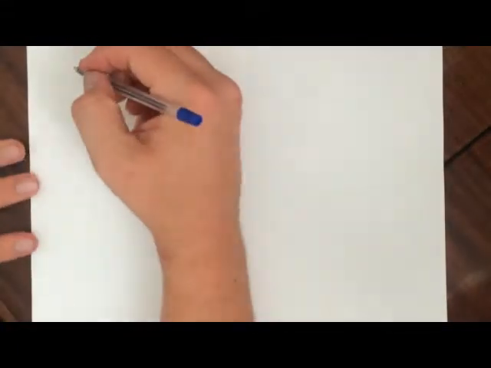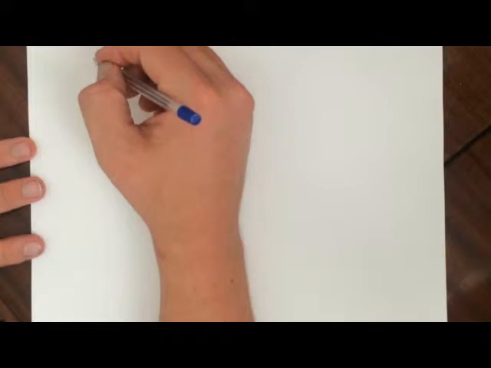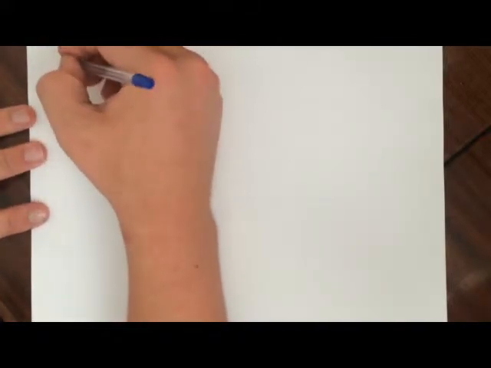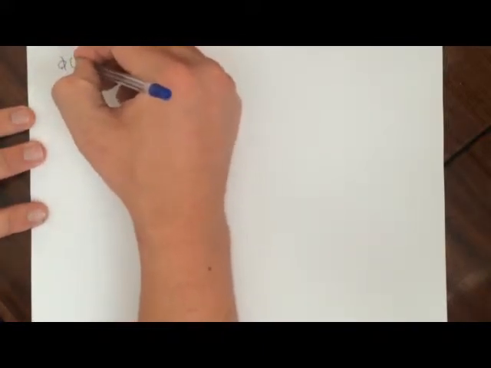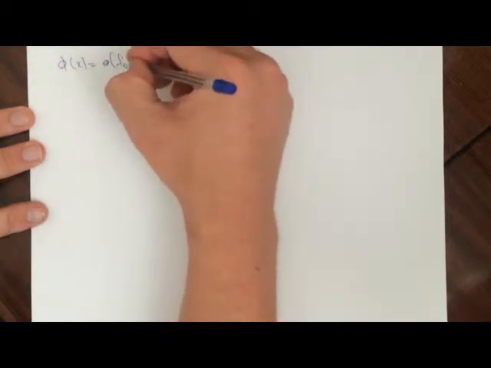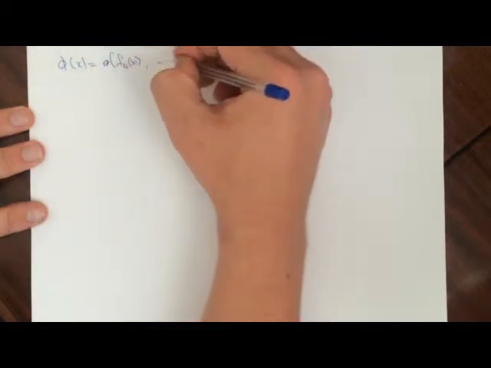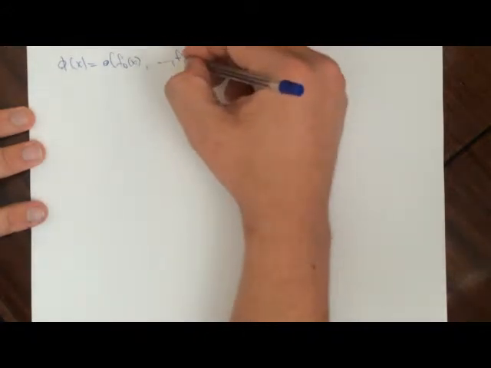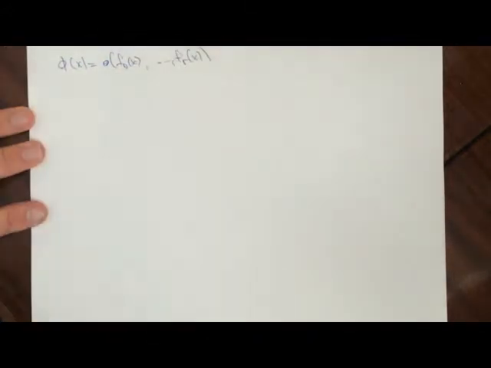Okay, so injectivity. What we need to show is that, let's say phi is equal to (f0(x), ..., fr(x)).